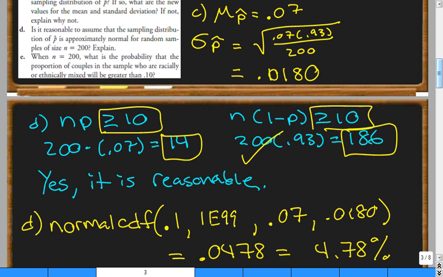We found the area of our curve to the right of 10%, which represents all the samples where we would have more than 10% occur, but that only represents about 5% of the area of the entire thing. So this is a pretty small percentage.